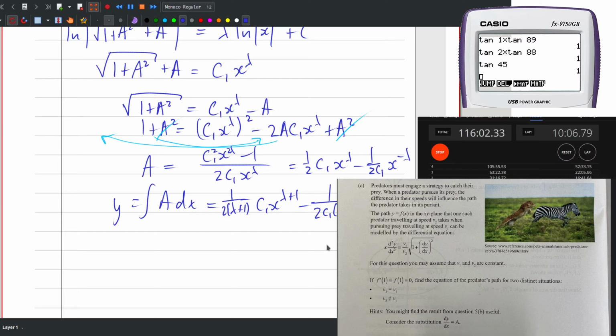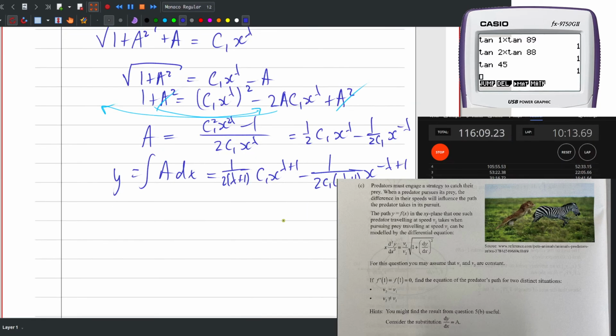And then, oh, of course, assuming lambda isn't equal to 1.